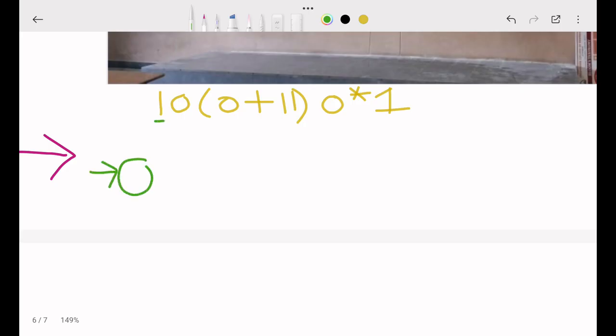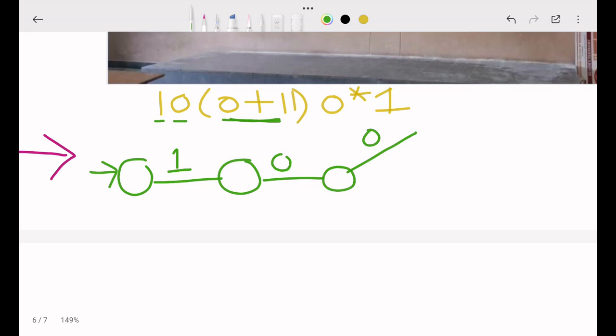At first I take 1, then I take 0. Then either 0 or 1 1.